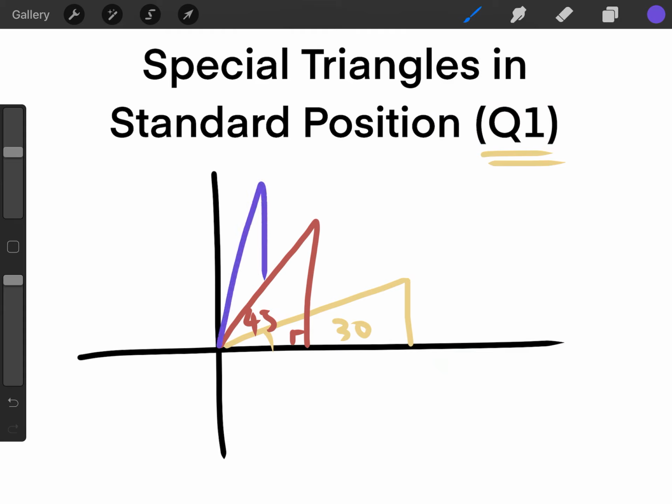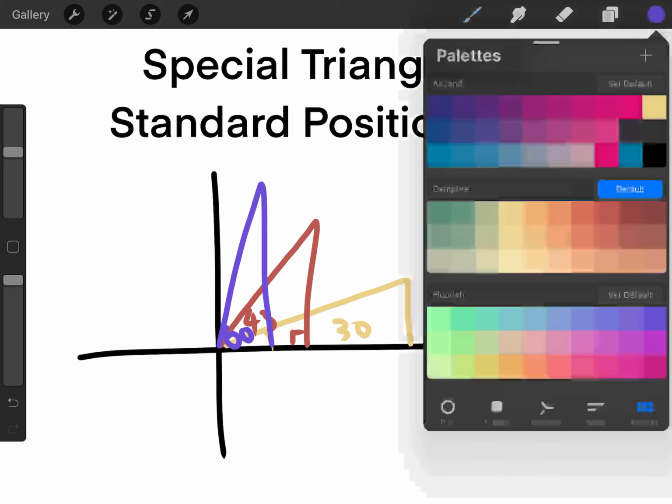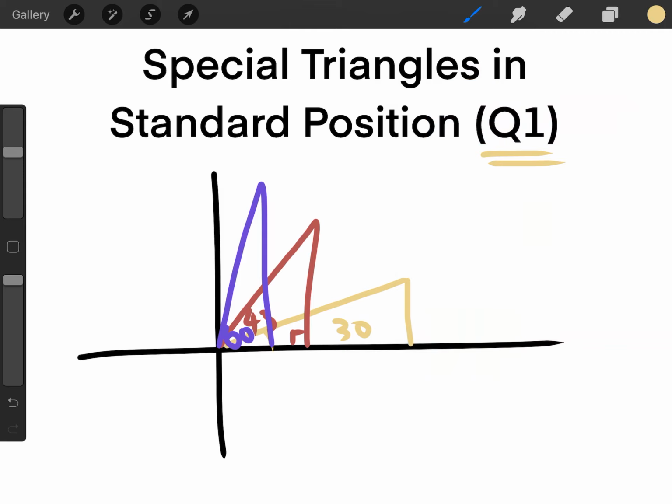Now I want to talk about the first one. It's a 30-degree angle. We're going to focus on just quadrant 1. So this is a 30-degree reference angle.